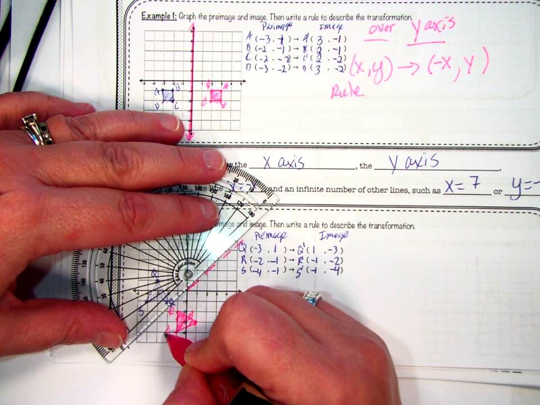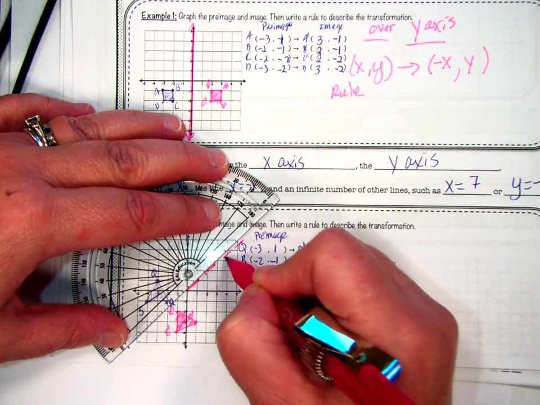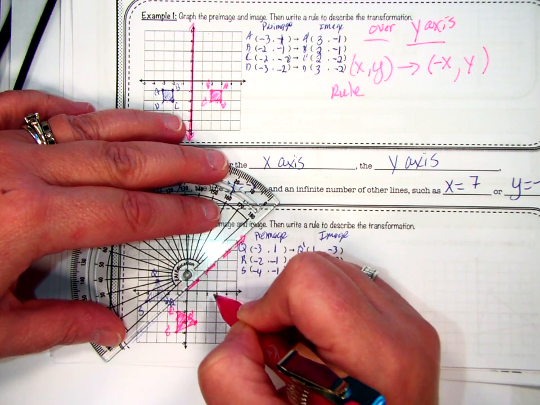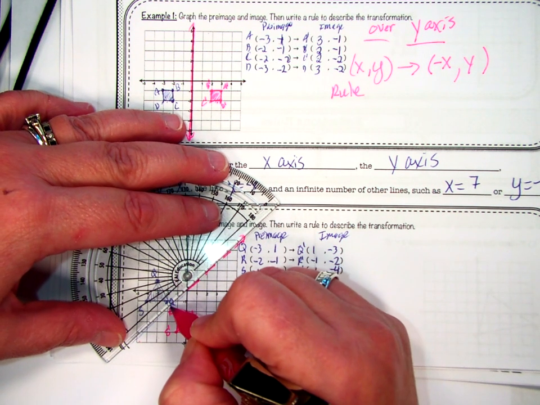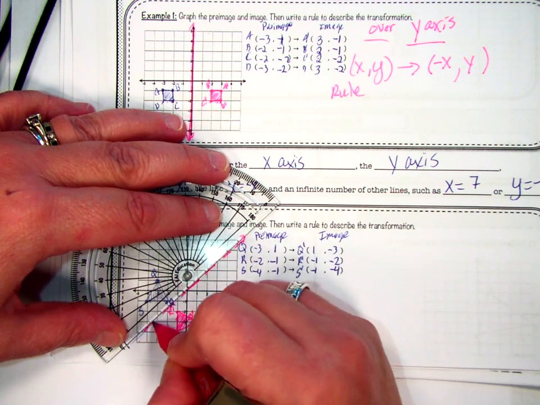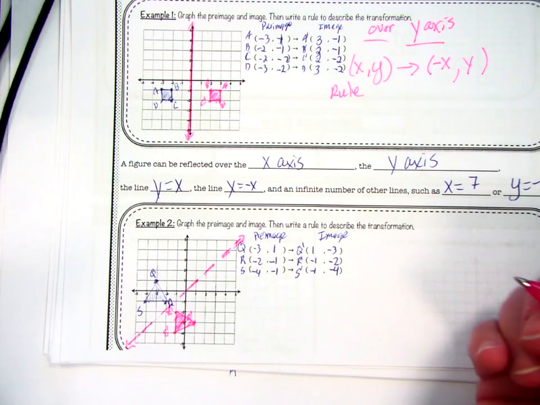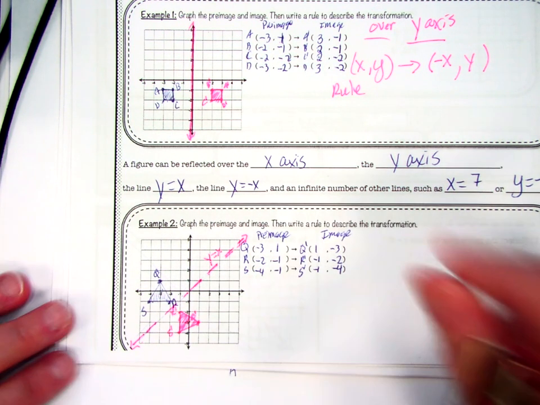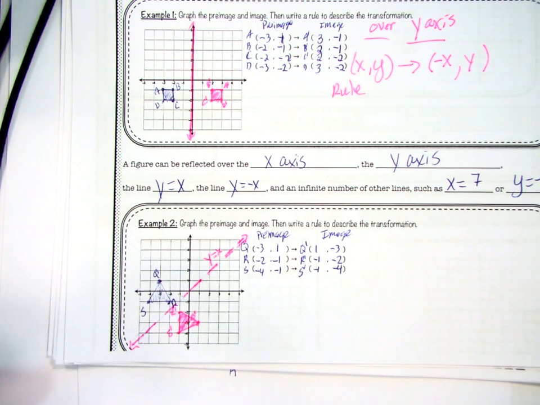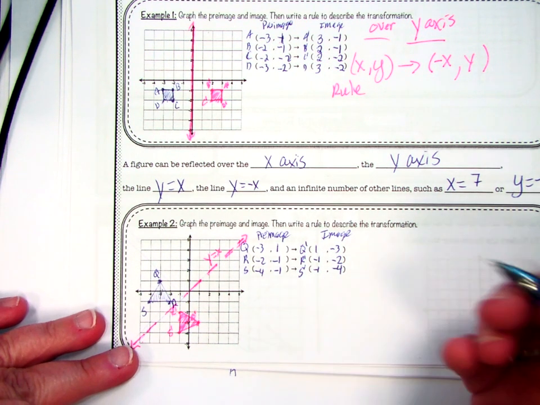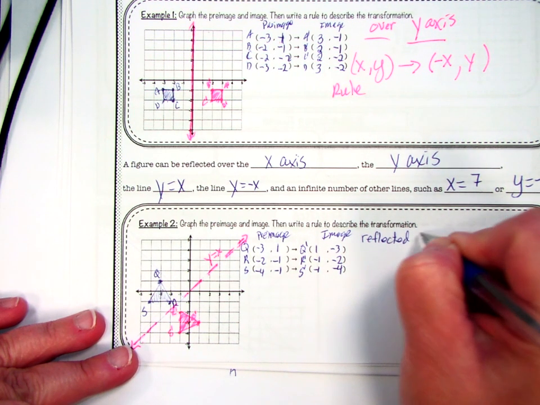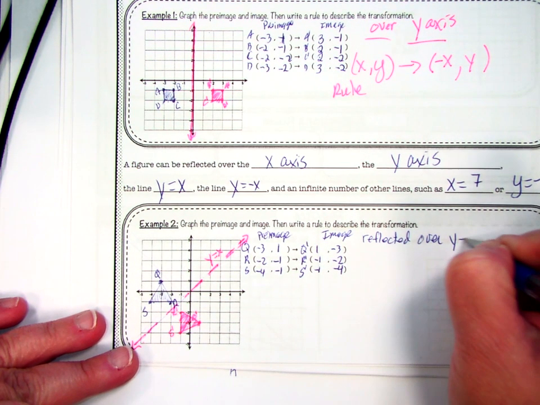Let me fix that. So I'm reflecting it over the line y equals x. It's kind of a known line from Algebra 1.